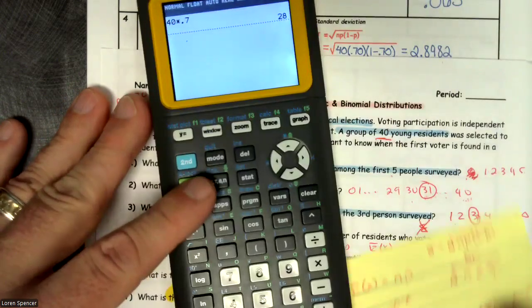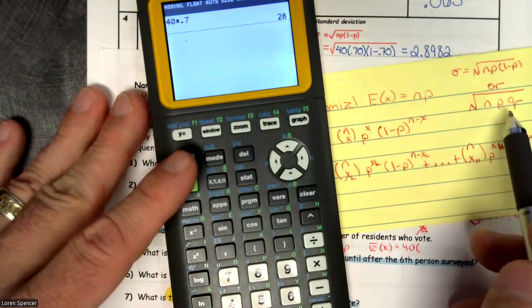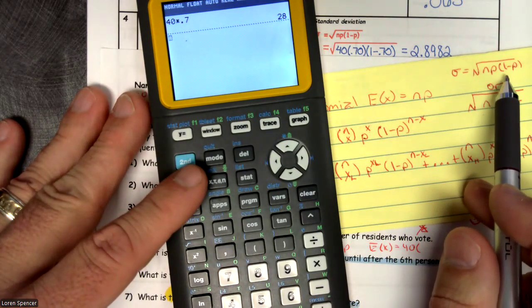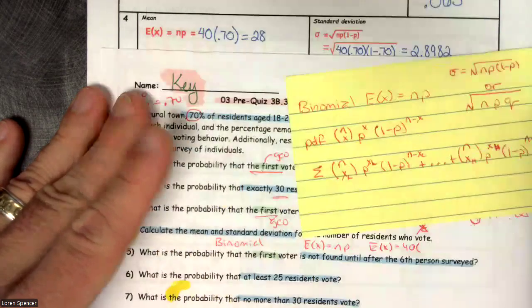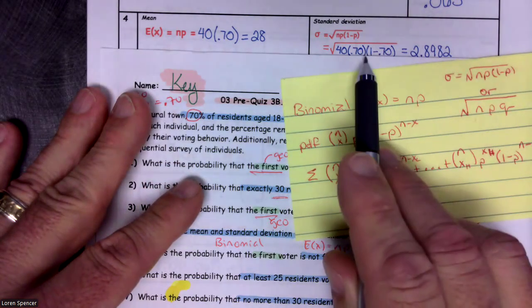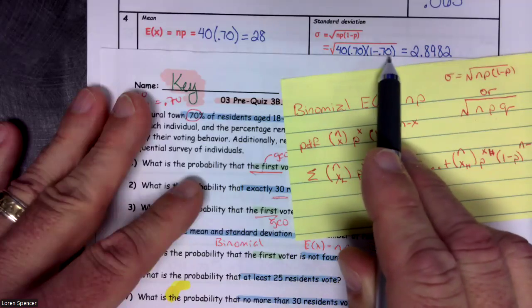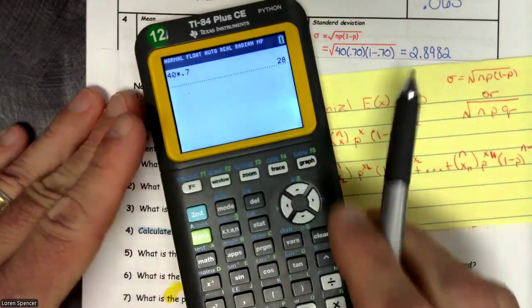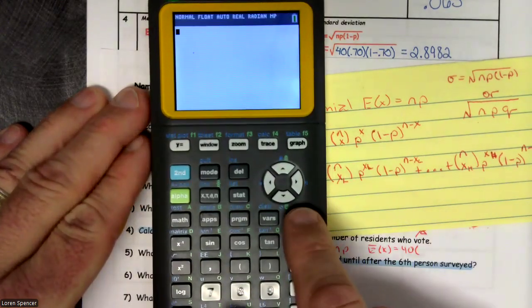Now the standard deviation has a little bit uglier formula: npq, or np times 1 minus p, all under a square root. Well, p again is our probability, n is our group size. So 40 times 0.7 times 1 minus 0.7, and we take the square root of that. Now you can use the square root button, but I personally mess that up all the time.